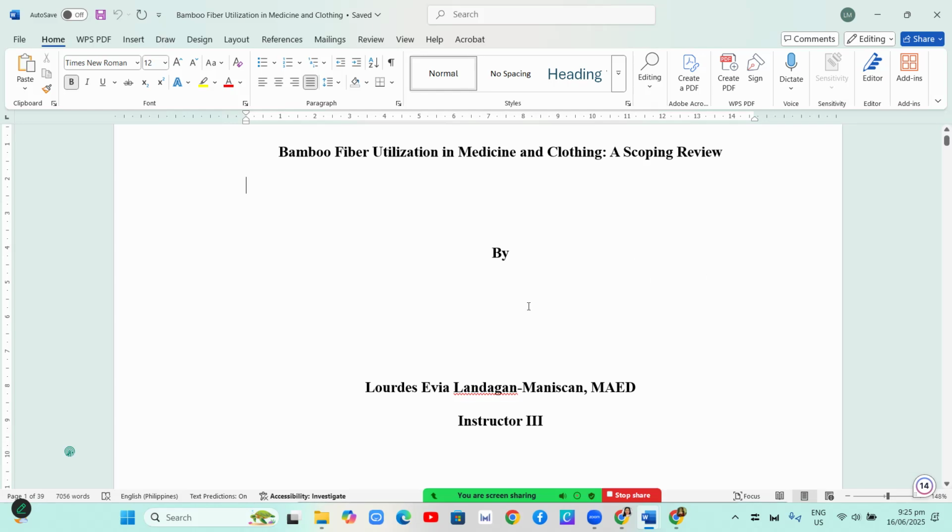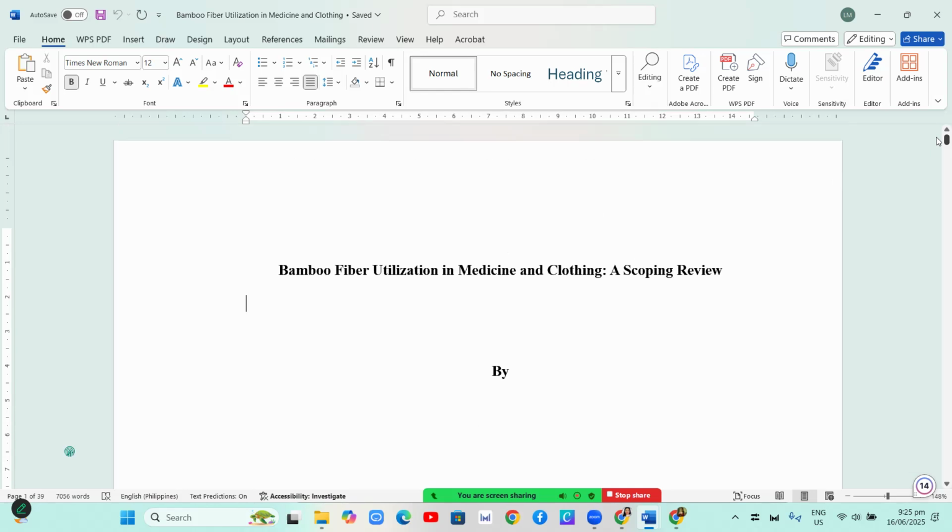And upon review of literature, I found that bamboo fiber has antibacterial properties. So I believe it is best for use by breast cancer patients and survivors. So it can help in the healing process of the skin. So that's how I identified my problem.